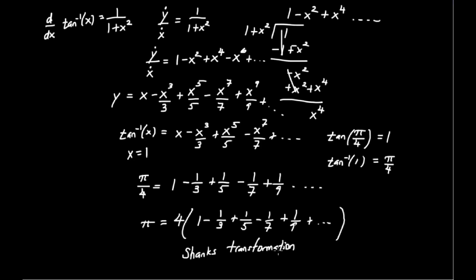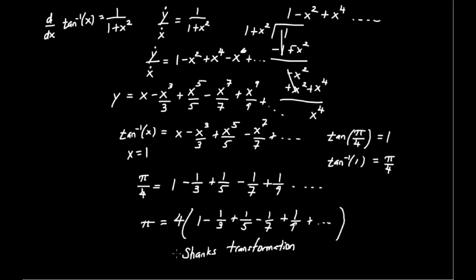There's this formula that you apply to speed up the convergence. And you'll see that after taking the Shanks transformation of the series, this series can be made to converge very quickly to pi. But I encourage you to check this out since few people know about this. I didn't know about it until fairly recently.